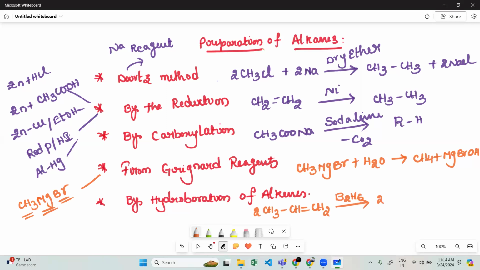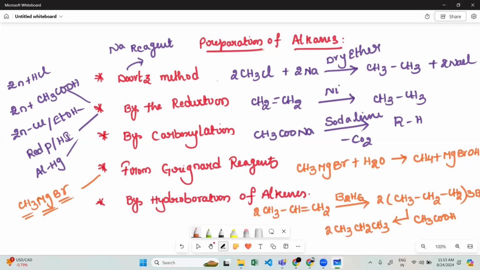Finally you will get a compound like (CH3CH2CH2)3B. After that, you react with acetic acid, and you will get the alkane, CH3CH2CH3. So finally you will get the alkane.